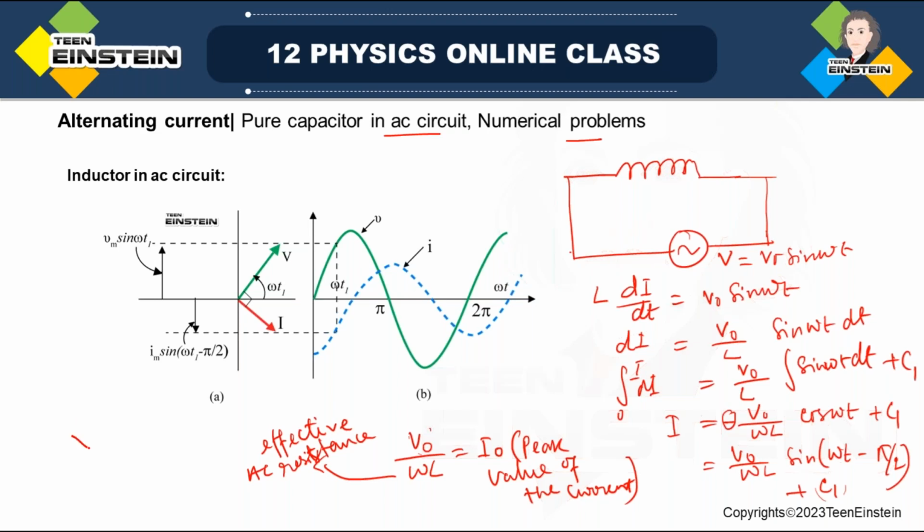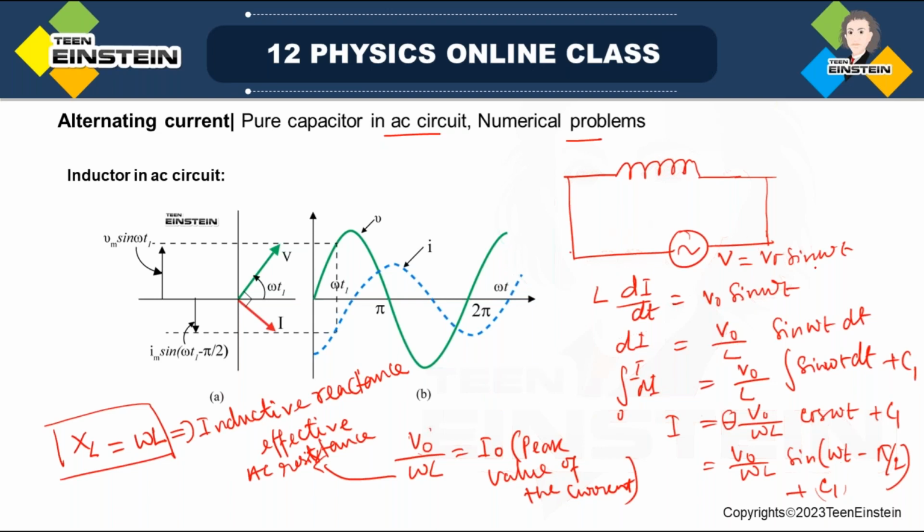Omega L is actually called inductive reactance. Omega L is denoted by XL, and its name is inductive reactance. All right, so this is what we had discussed.